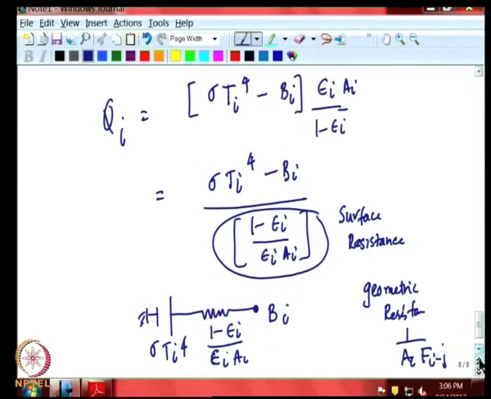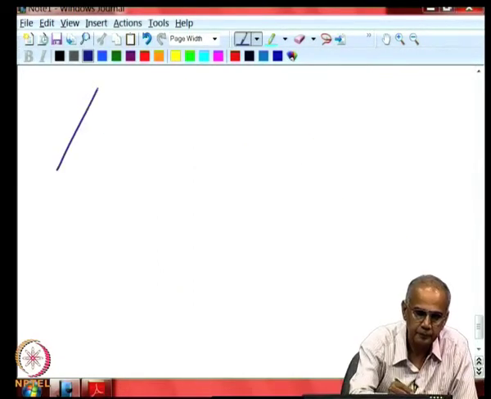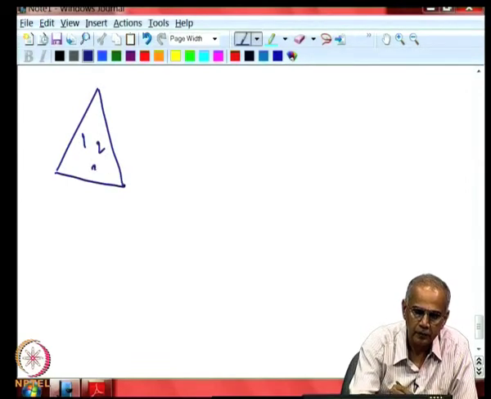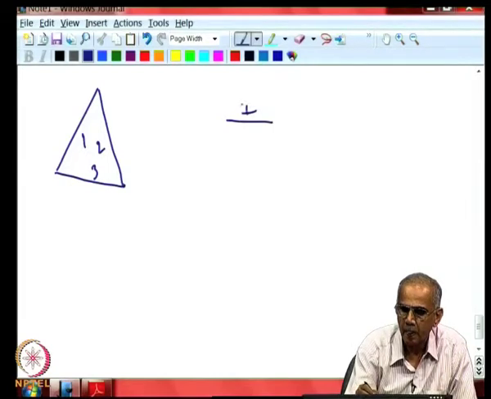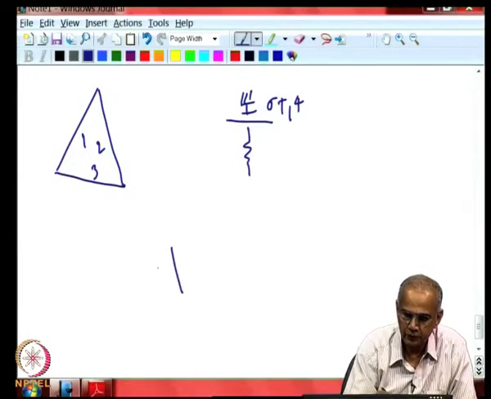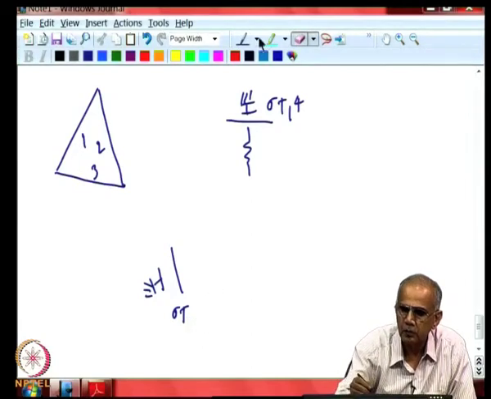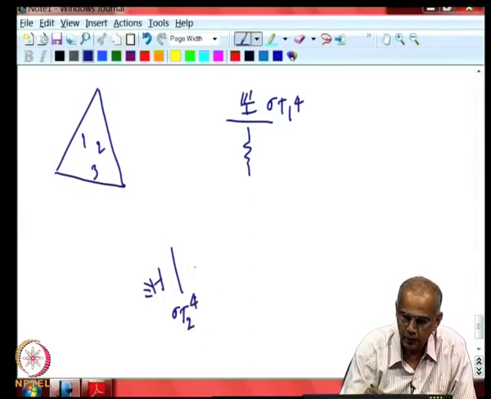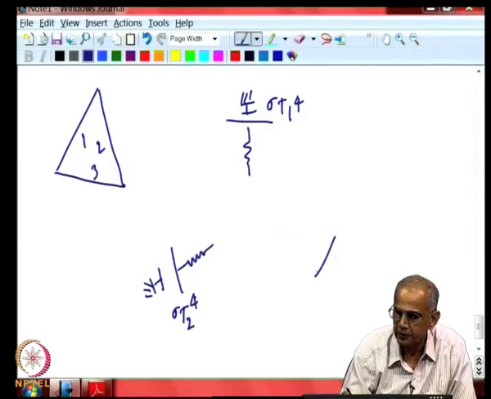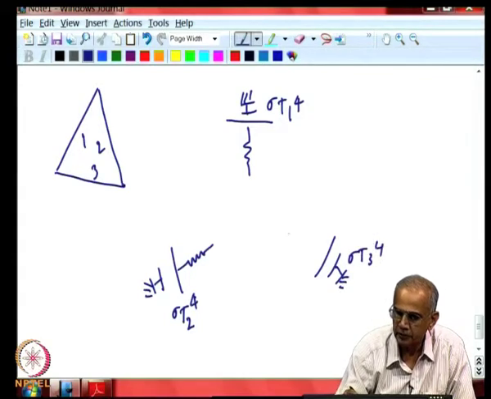Now, let us write the expression for a 3 surface enclosure, so that we understand what we have achieved here. For the 3 surface enclosure, we will write surface 1, which will have its resistance, surface 2, it has its own resistance, surface 3, it has its own resistance.